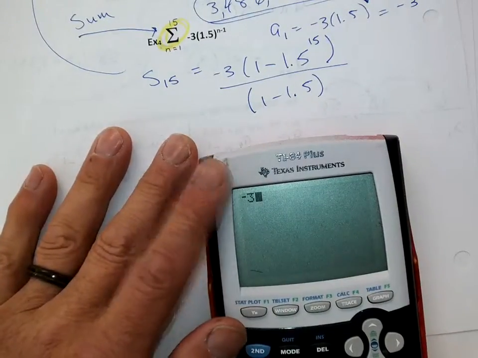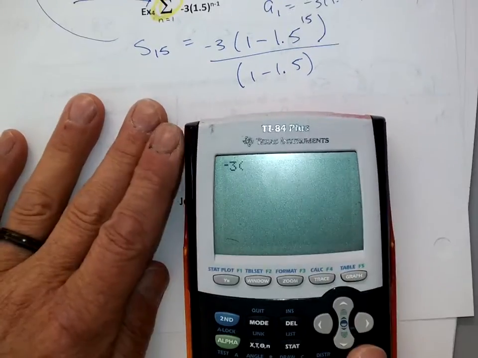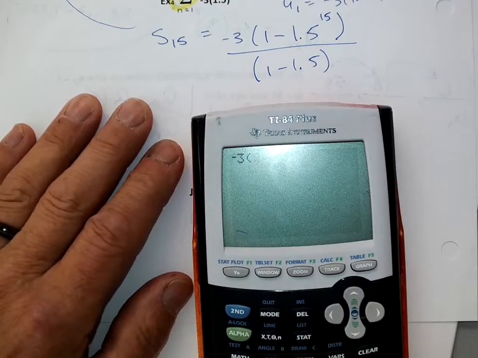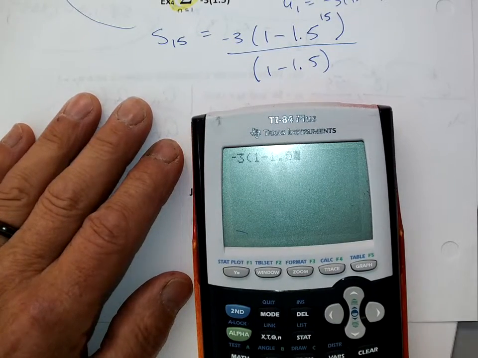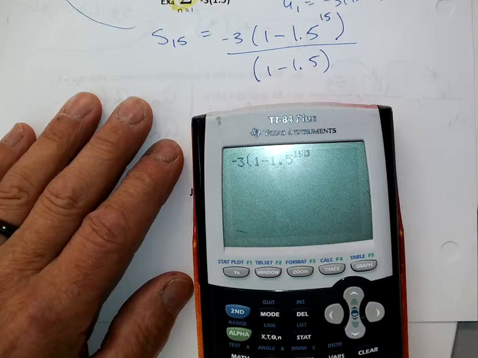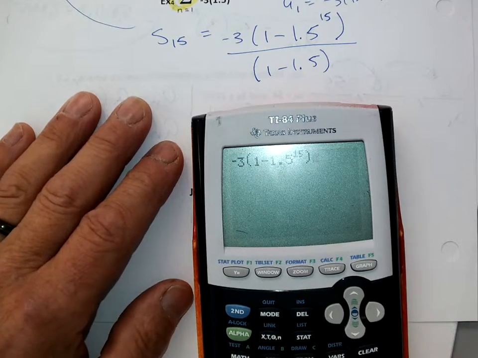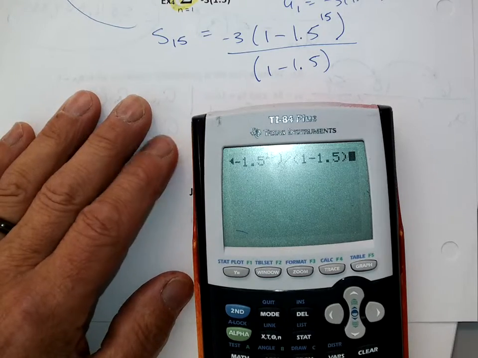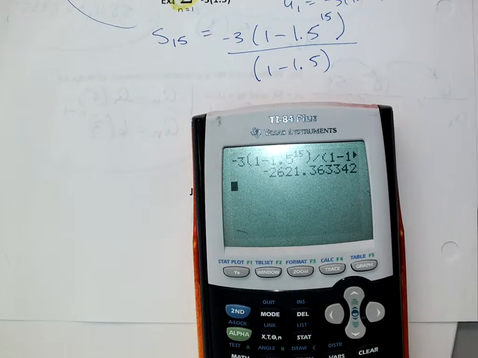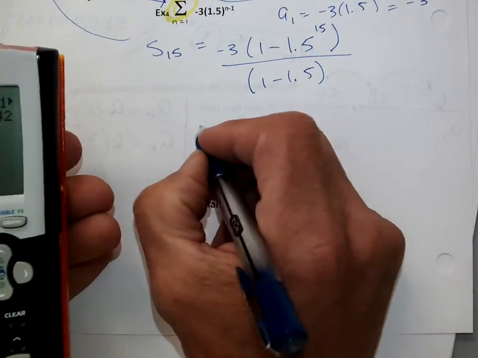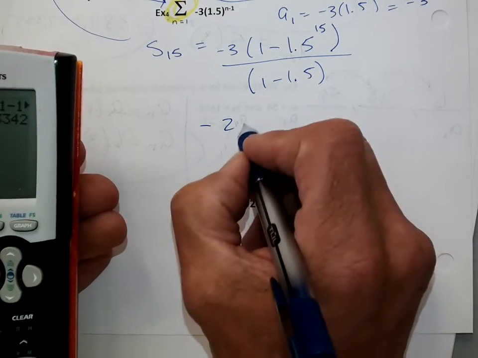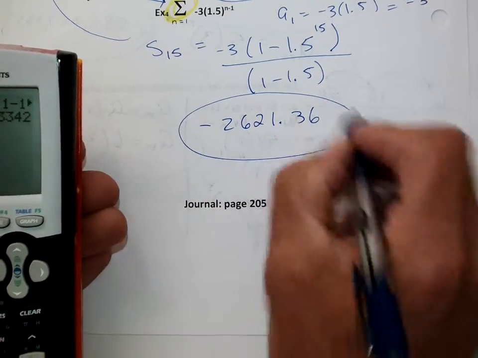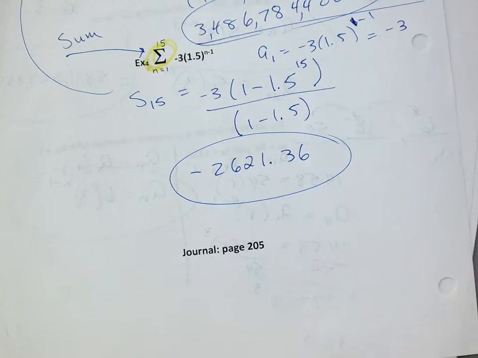I'm going to go -3, parentheses, 1 minus 1.5 to the power of 15, parentheses, divided by parentheses 1 minus 1.5. And I get negative 2,621.36.